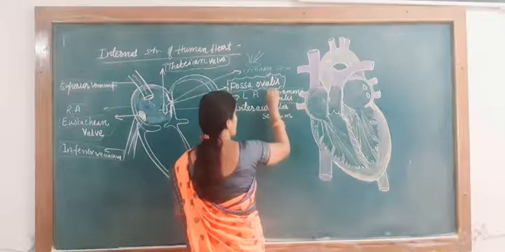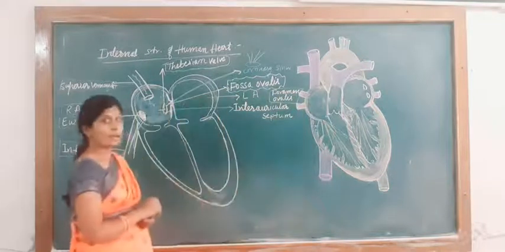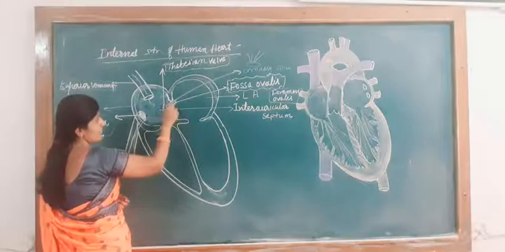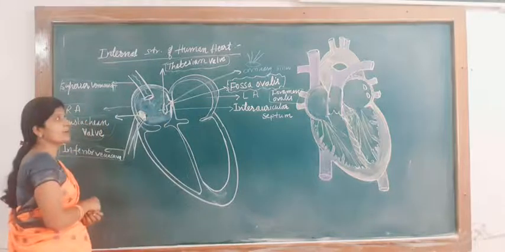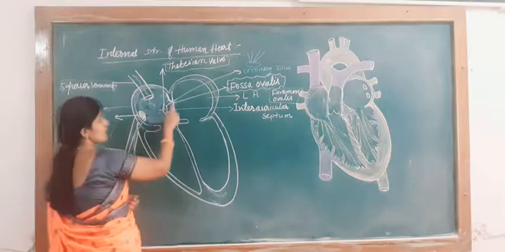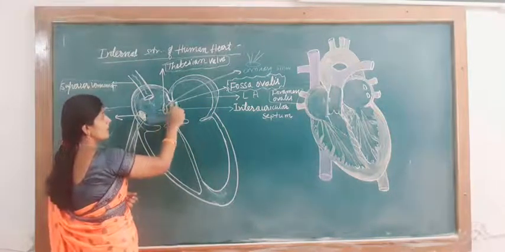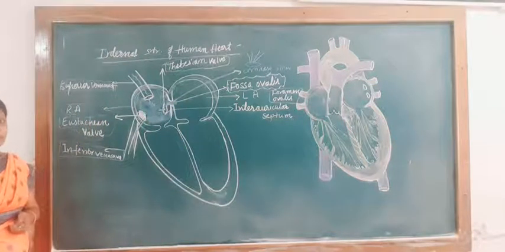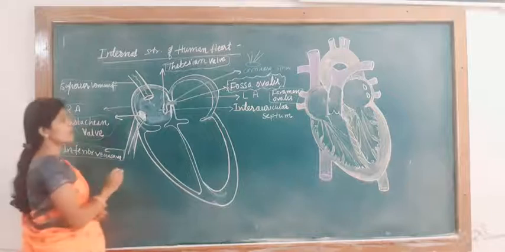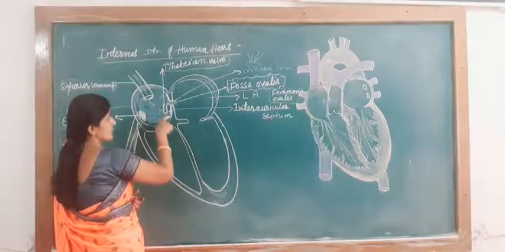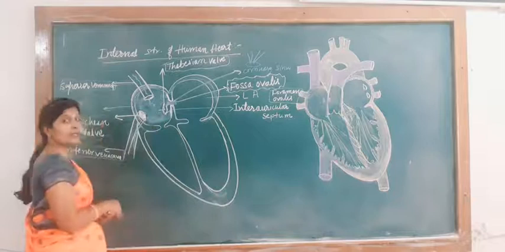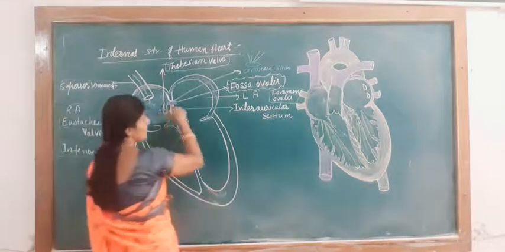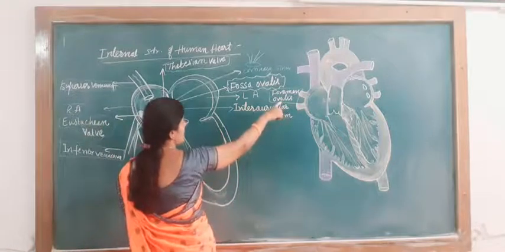What is the foramen ovalis? Foramen ovalis is the hole in between these two atria. The hole is present before birth. This hole gets closed immediately after birth, and that hole is called the foramen ovalis.